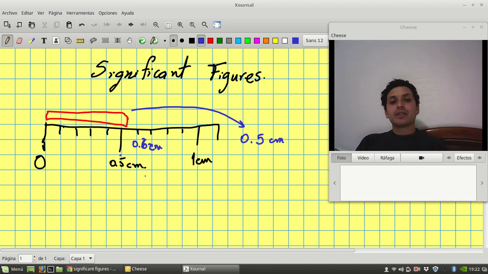And this is where significant figures play a good part in the measurement. So we're going to see here the rules we have to understand to know how many significant figures a number has.